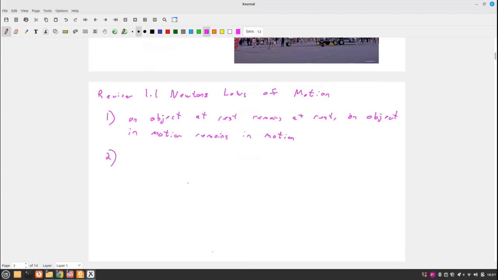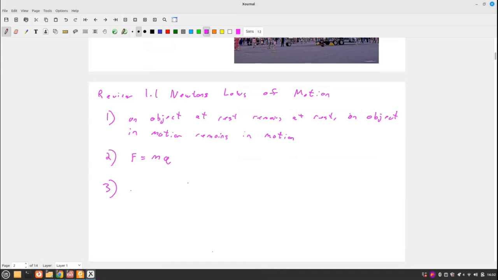Second law, in an inertial reference frame, the vector sum of forces F on an object is equal to the mass m multiplied by the acceleration of the object. F equals ma, right? And typically the mass here is to be assumed to be constant. So force equals mass times acceleration. And then Newton's third law is when a body exerts force on a second body, the second body simultaneously exerts a force equal in magnitude and opposite in direction of the first body.